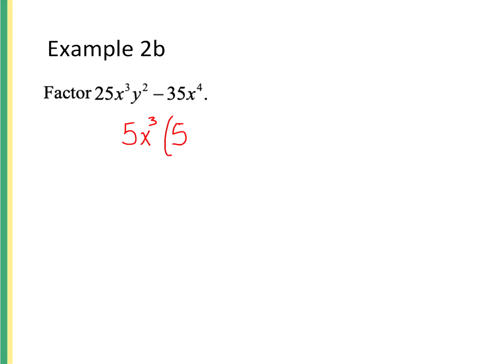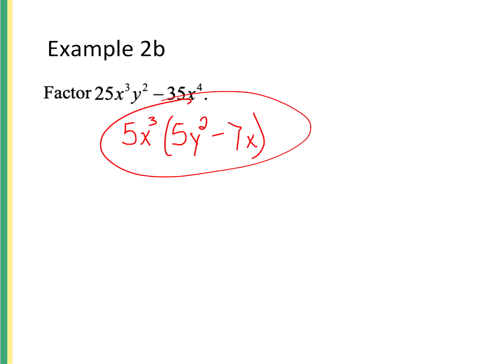Here's just throwing out some answers, seeing if anybody else is going to know. 5. How about the x cubed? I had x cubed, I took it out, so it goes away, right? I'm left with y squared minus 35 divided by 5. 7. How many x's am I going to have left? 1 x left because I had 4 and I took 1 out. And we are done.